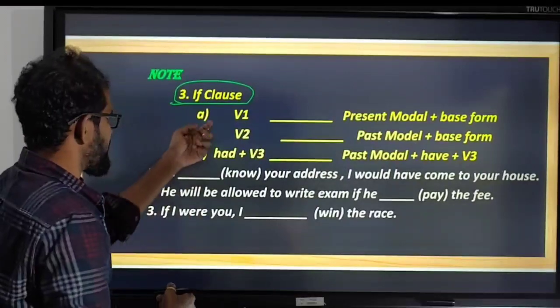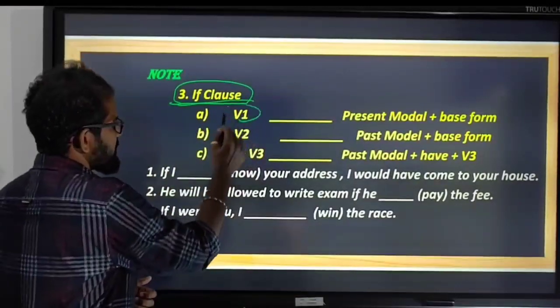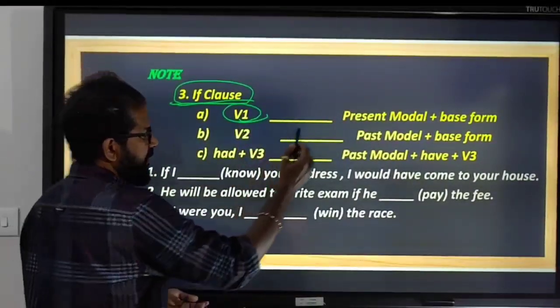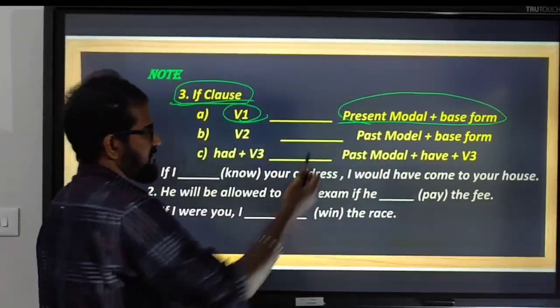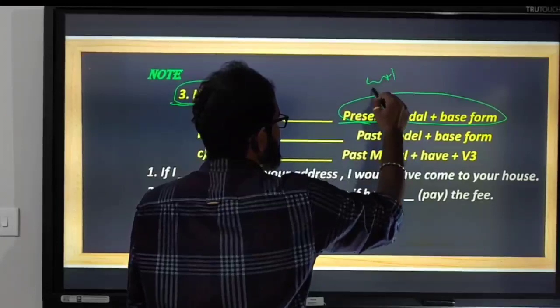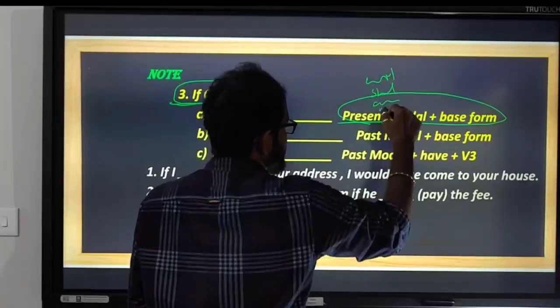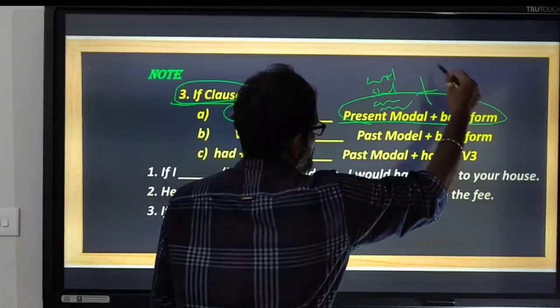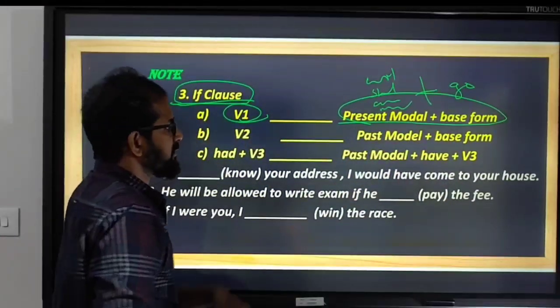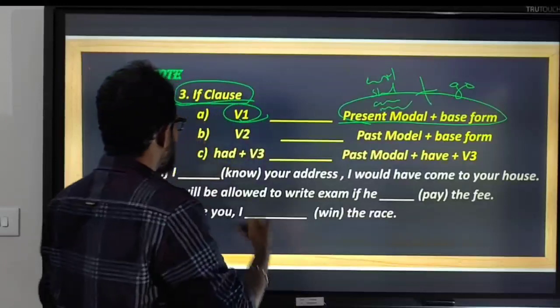Let us see in brief here. If the if clause is in present tense, V1, then the main clause is supposed to be present modal plus base form. What are the present modals? Will, shall, can, may, plus base form. For example, go: will go, shall go, may go or can go.